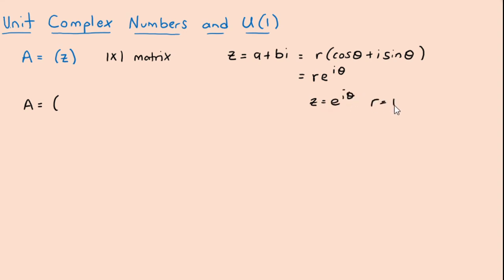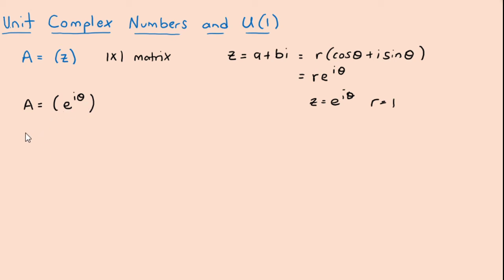So I'm assuming r is 1, hence unit complex numbers. Okay, so if we make that one restriction, then I can think about A as being a 1 by 1 matrix with a single entry e to the I theta, representing some generic complex number. Okay, so we've reduced it down to one parameter, theta.